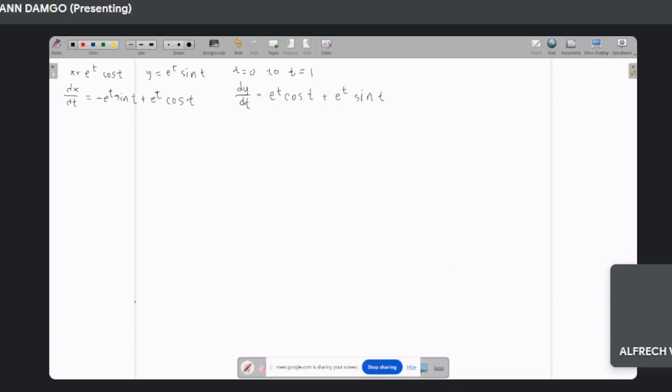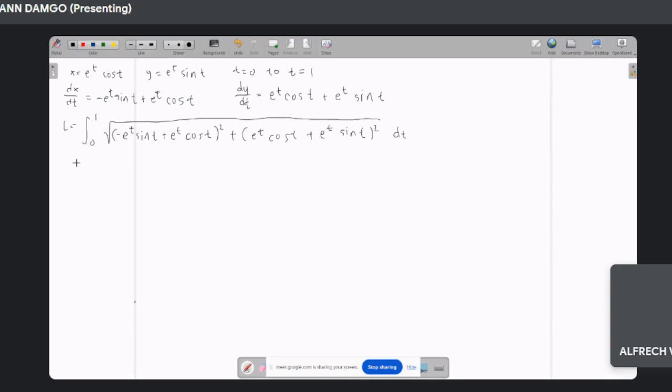Okay, so the length of arc is the integration, from 0 to 1, the square root of negative e to the t sine t plus e to the t cosine t squared plus e to the t cosine t plus e to the t sine t squared dt.